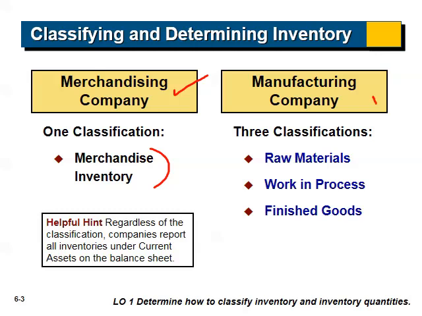And we also have what's called manufacturing companies, which actually make the products, and they have three different classifications of inventory: raw materials, work in process, and finished goods. Think about, say, building a car. The raw materials would be the glass and the steel and the rubber, all that goes into making it. The work in process is when it's on the assembly line. You have inventory that's on the assembly line, and the finished good would be the finished product that you have to sell.